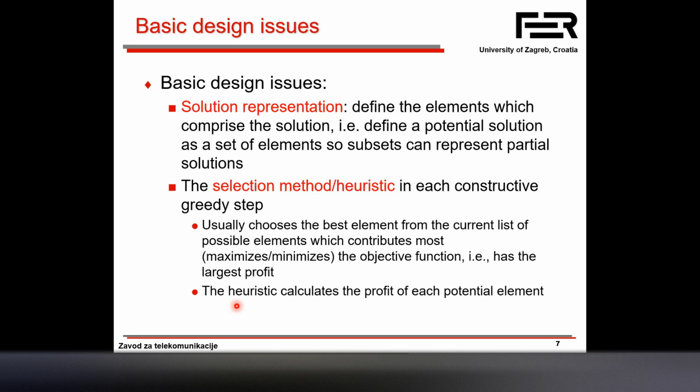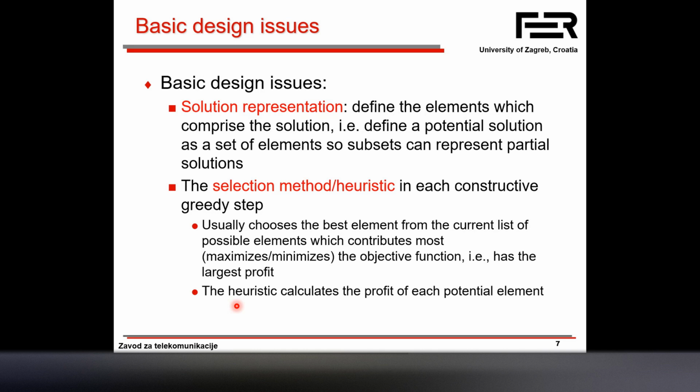How are we going to actually represent our solution to the problem that we're solving? When we look at a partial solution, that means that only a part of these elements have been selected so far. So that's the first design issue: how is our solution represented, which will depend on the actual problem.